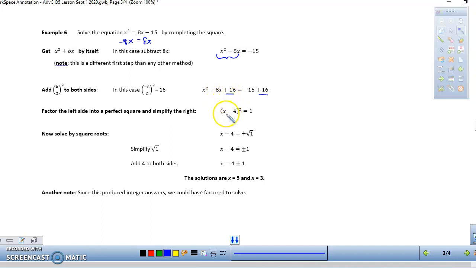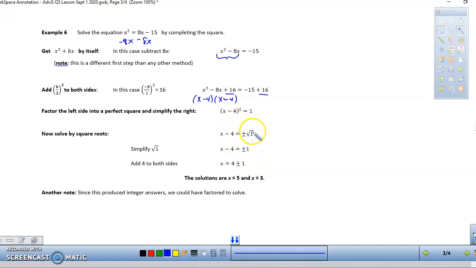Okay, so this factors into x minus 4 squared, or in other words, if you want me to write it out, it factors into x minus 4 times x minus 4. Okay, so once we have that done, then you can solve by square roots. So the point of completing the square is to get it into this form of x minus 4 or x plus whatever squared equals a number, and then you can go through the square roots process.